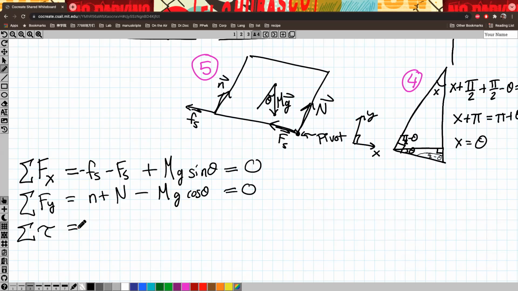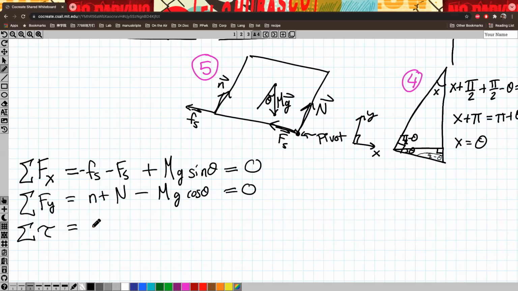I've never really thought of torque this way yet. Okay, what are all the forces that are a distance away from the pivot? Right. So one of the normal forces and one of the static friction forces aren't away from it. It's at the pivot point. That's true, yeah.